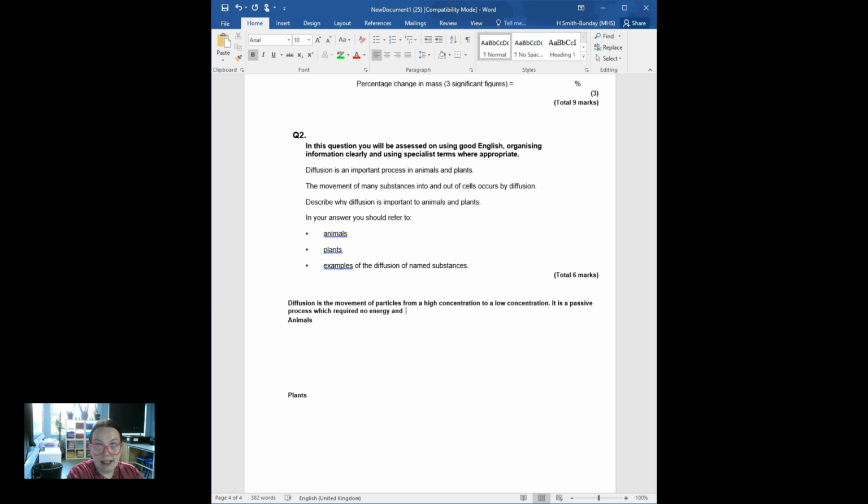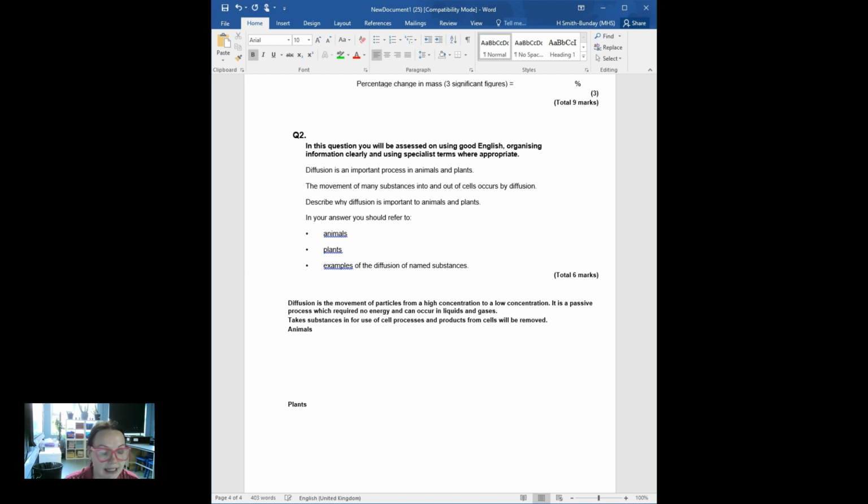It is a passive process which requires no energy, and can occur in liquids and gases. So I've let the examiner know I know exactly what diffusion is.